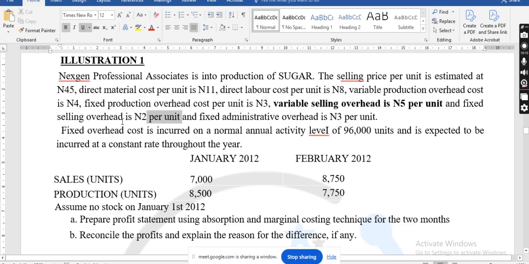Now fixed selling, you multiply it by the sales unit, which is 2 naira.